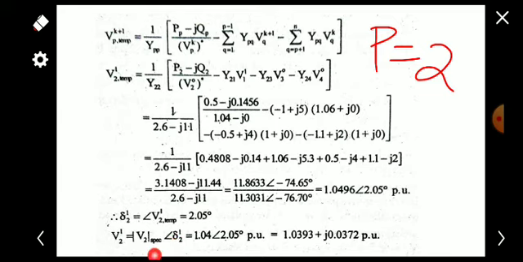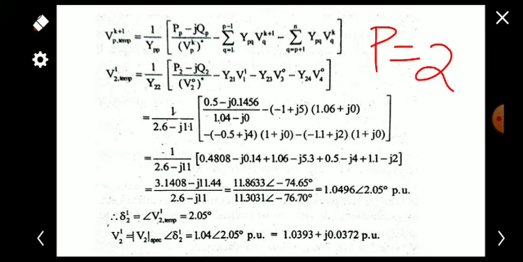V2 spec is given as 1.04 in the question itself, and the angle we have calculated now is 2.05. The rectangular coordinate values are like this; we can convert the polar form into rectangular form using the calculator. So this is the first iterated value of the voltage for the second bus.